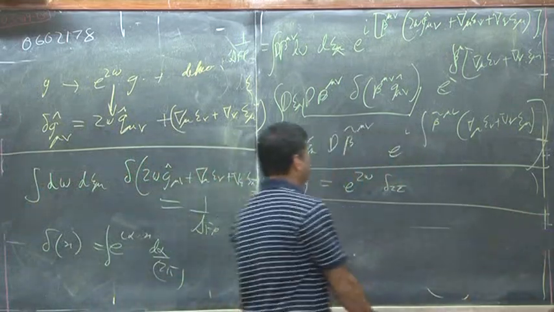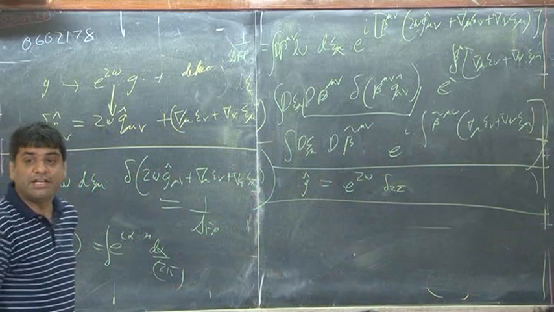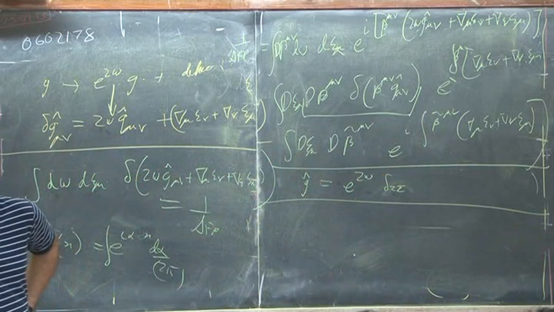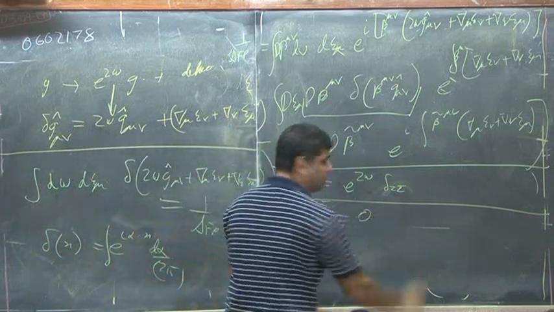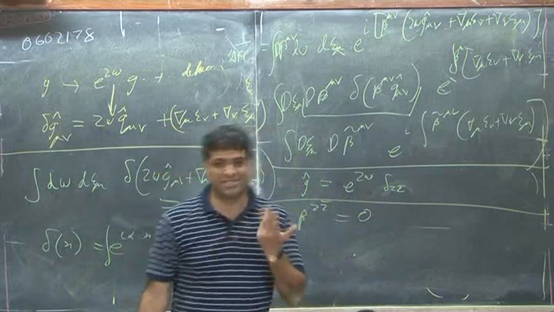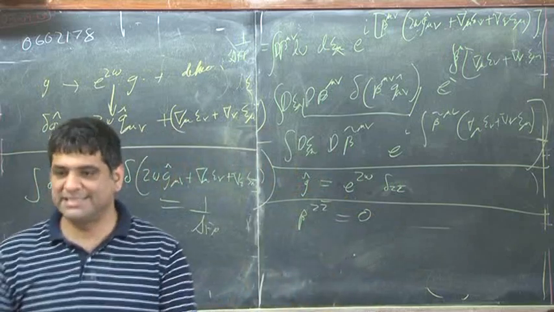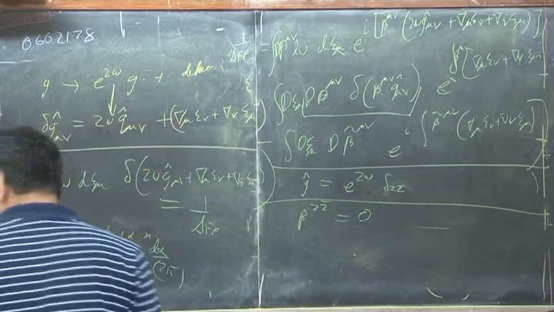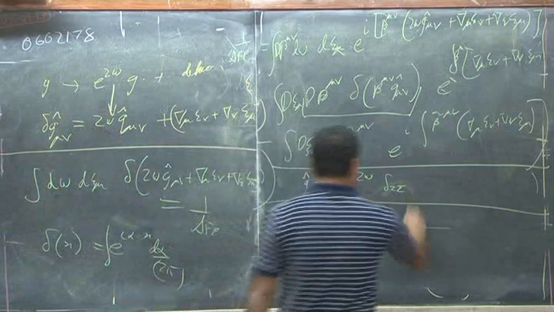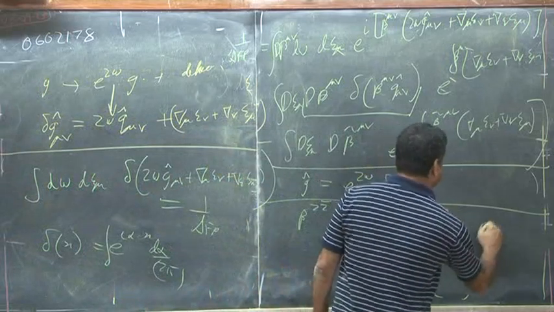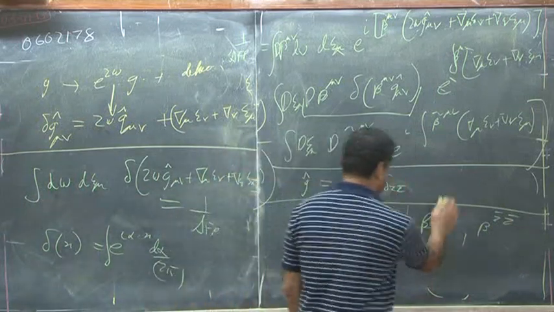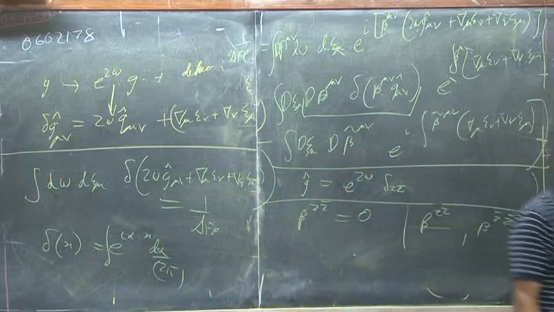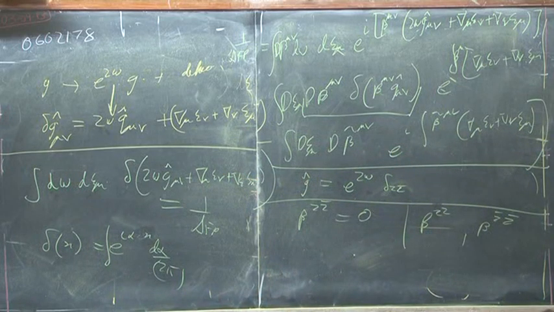Now, once we've made this choice, let's understand what the condition of tracelessness of beta is. The condition of tracelessness of beta is that beta z z bar equals 0, just like the condition of tracelessness of T is that T z z bar is equal to 0. So beta, instead of 3 components, has only 2, and these 2 components are beta z z and beta z bar z bar. Is this clear?